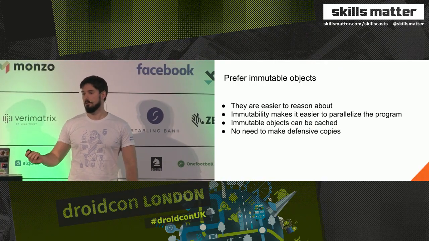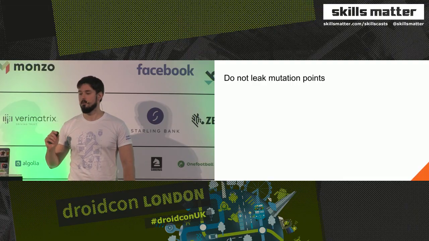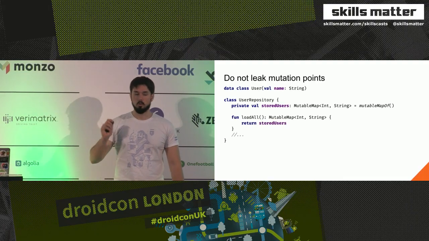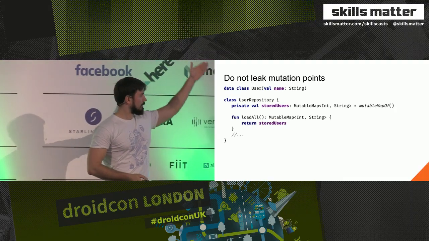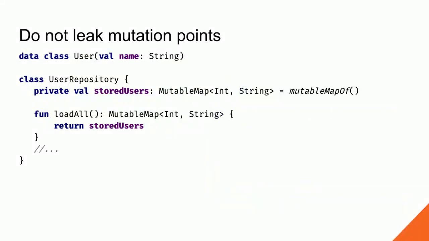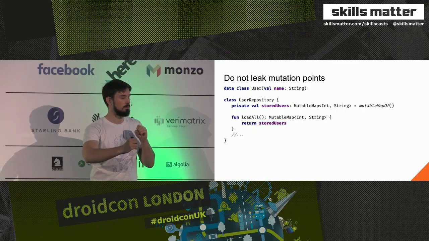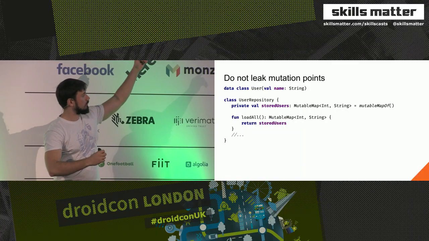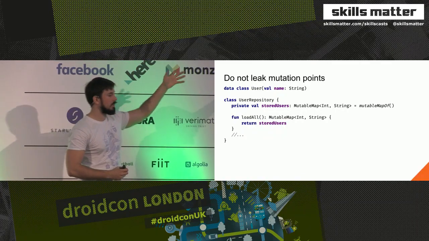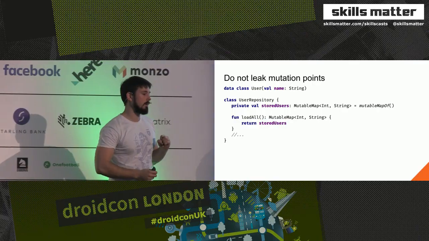So this is an old practice known in Java. In Java, every list was mutable. So this is how we would implement things in a Java-like style, with a mutable list. And when you return something, you return a mutable list. This is highly unsafe because you are leaking mutation points. So even though the users store is private, you are exposing it by returning a reference to it.